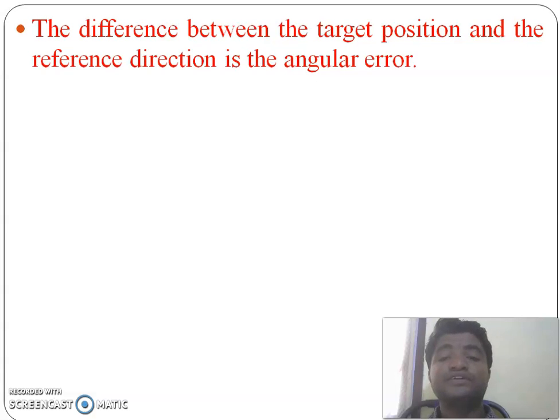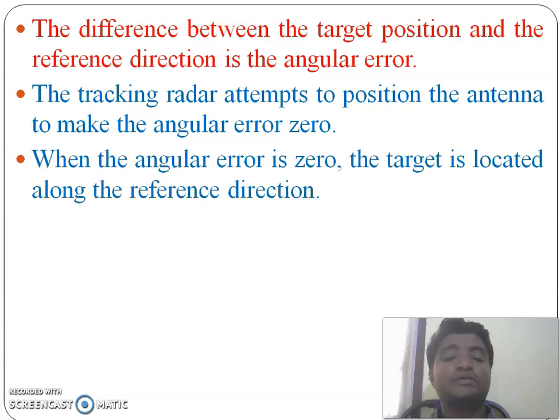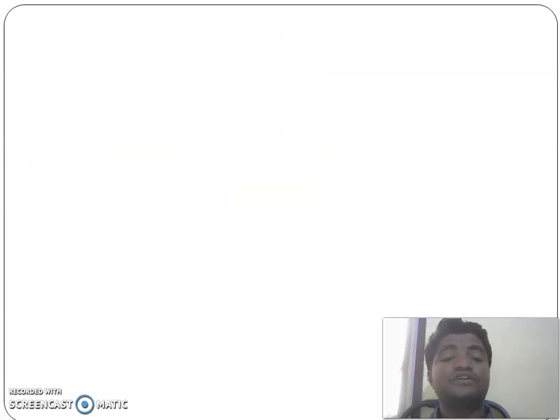The difference between target position and reference direction is called angle error. The tracking radar attempts to position the antenna to make the angle error 0. When the angle error is 0, the target is located along the reference direction, that is, the antenna axis. From this you can get the coordinates of the target and predict its future position.